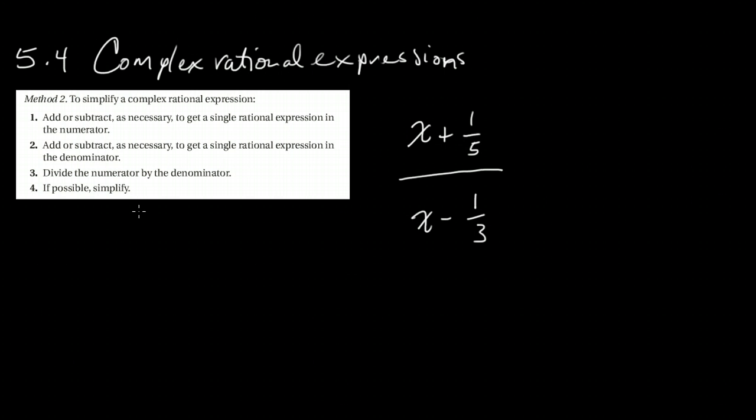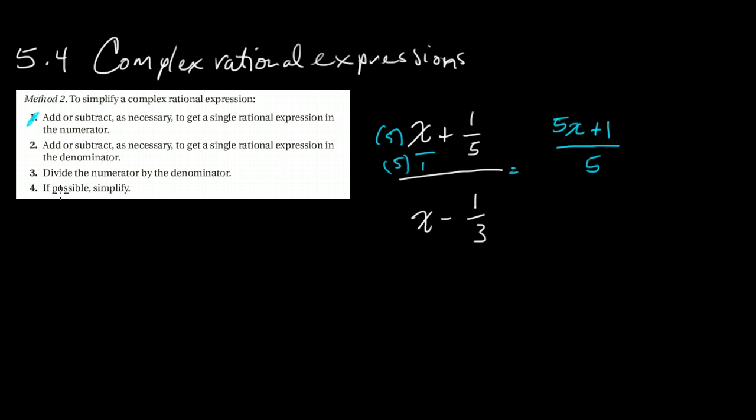Well, in order to get that as a single quantity, I would have to find the least common denominator, and the least common denominator between x, or x over 1, and 5 is 5. So we would need to rewrite this. Let's multiply this one by a factor of 1. And now I can add, right? This is 5 times x, or 5x plus 1, all over 5.